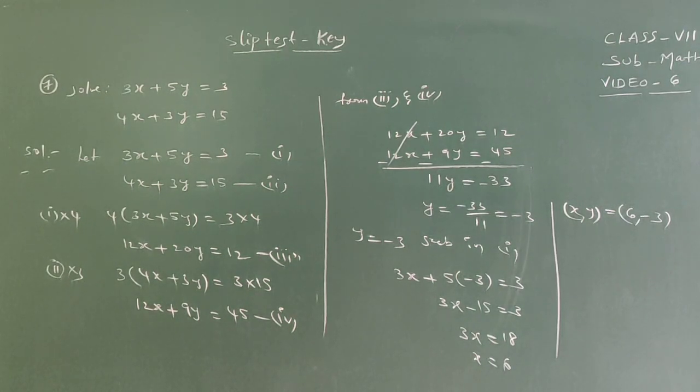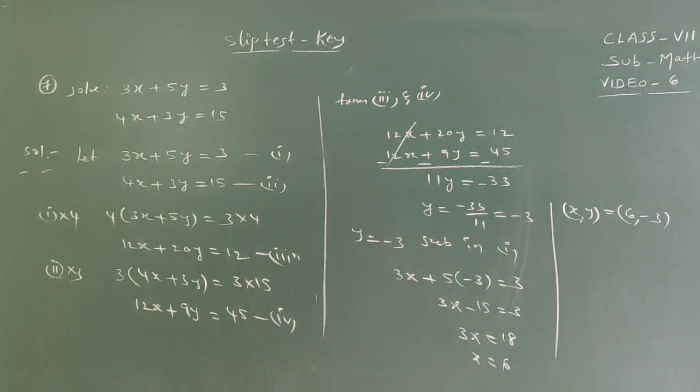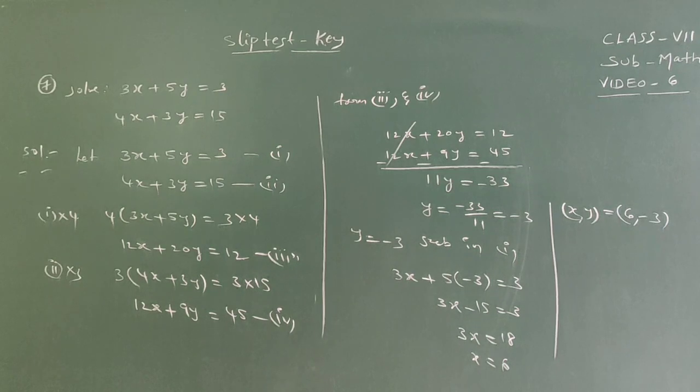The given system of simultaneous linear equations: 3x plus 5y equal to 3 is the first equation, 4x plus 3y equal to 15 is the second equation. For getting equal values of x, first equation multiplied by 4, second equation multiplied by 3. Then we will get 12x plus 20y equal to 12 and 12x plus 9y equal to 45.